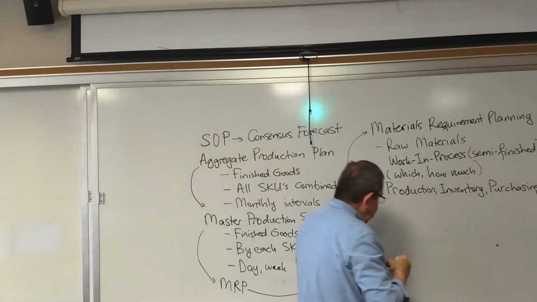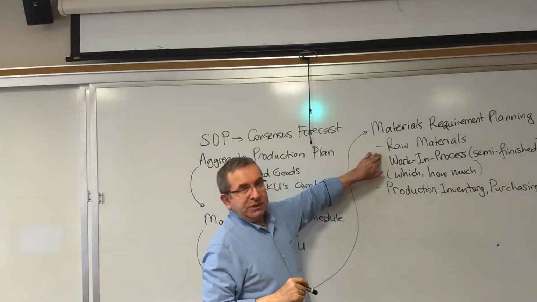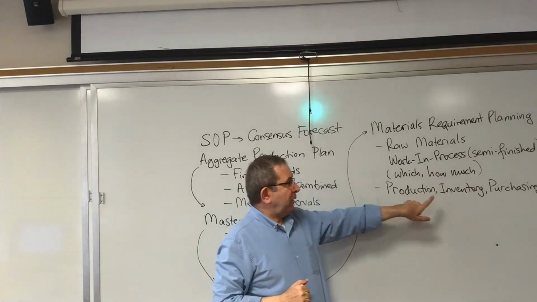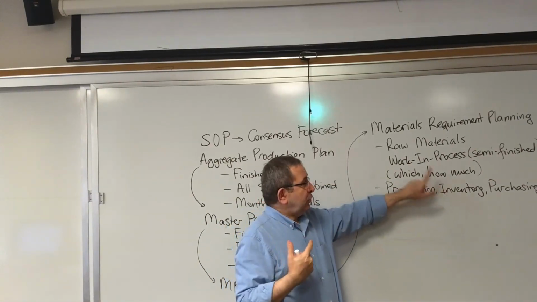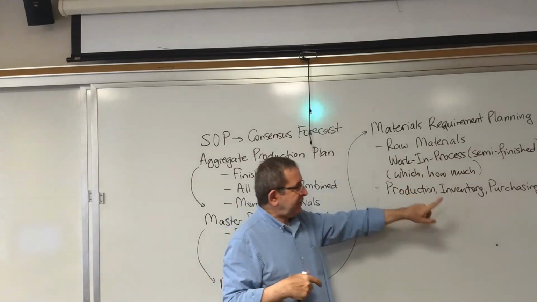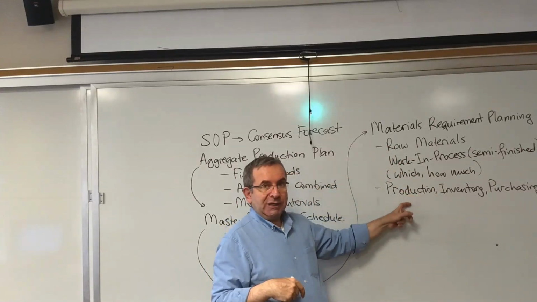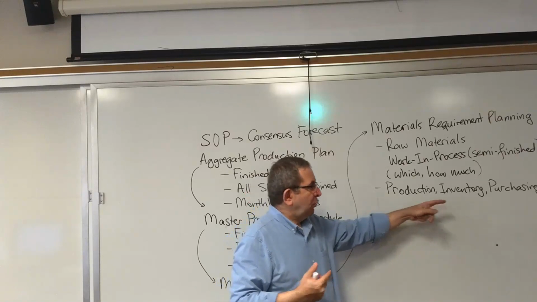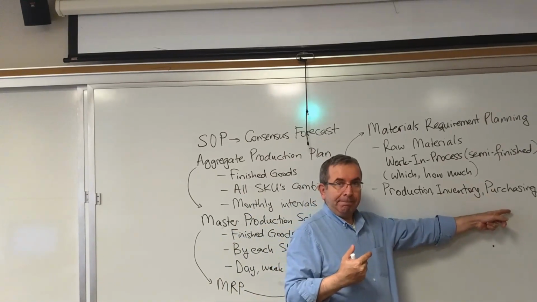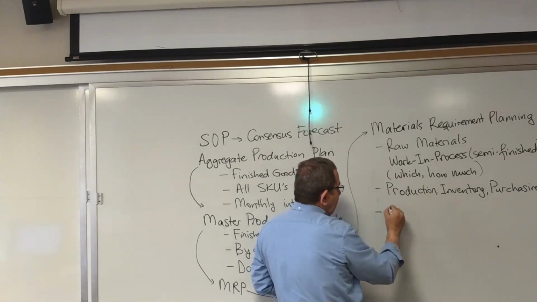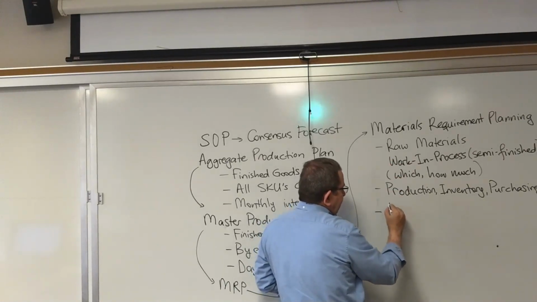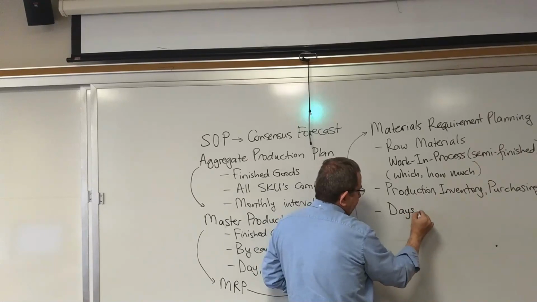So you need certain raw materials, but you may already have them in inventory. If you don't have the necessary raw materials in inventory, you can make them, produce, or you can purchase them. And it gives you a plan of days and weeks.